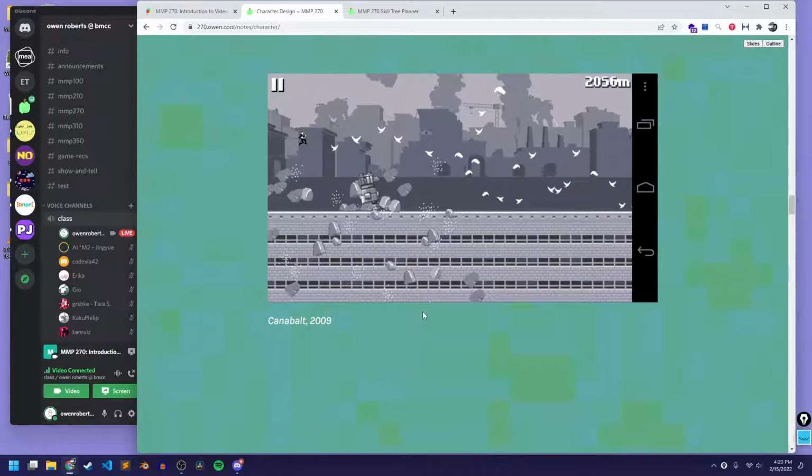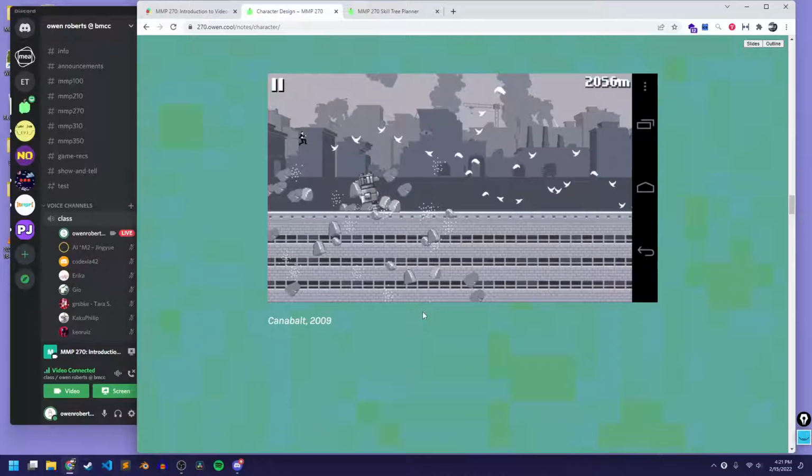So moving forward a little bit, this is a game from 2009 called Canabalt. It's maybe not the most popular game, but it is very influential because it sort of spawned the endless runner genre, which is very specific to handheld mobile devices. And you can see in this game, we have a sort of retro styling.